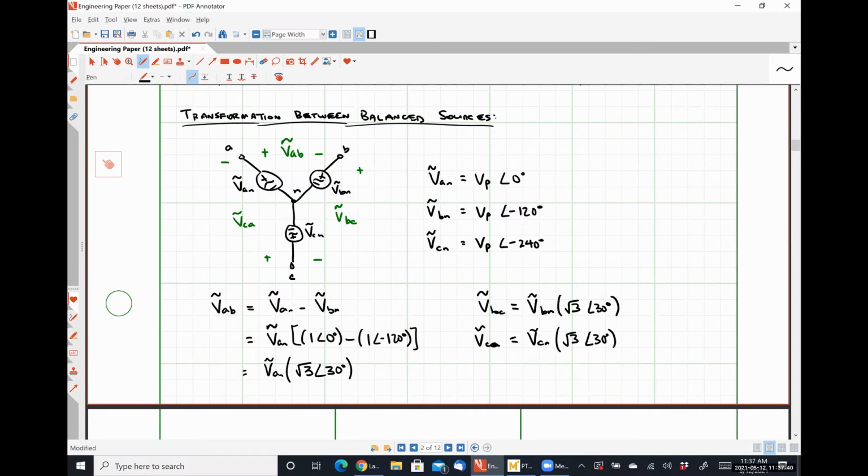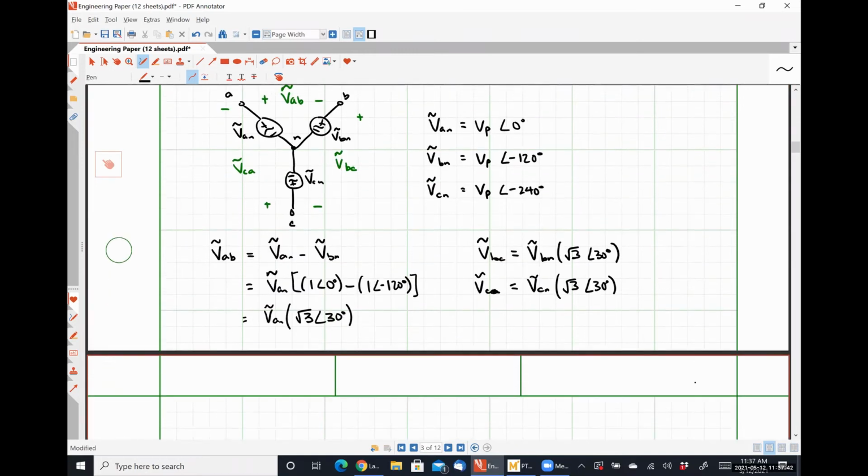Okay. So I can use these relationships to convert a balanced Y source and make it look like a balanced delta source, right? Because the delta source is defined by its line voltages. It doesn't have any, I will say line to line voltages. So transmission line terminal to transmission line terminal, not transmission line terminal to neutral terminal, okay?